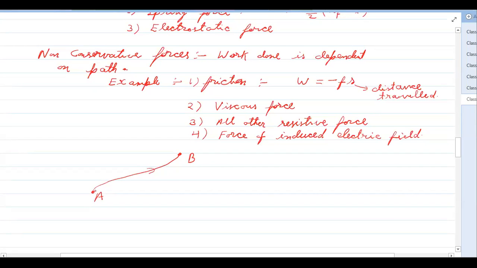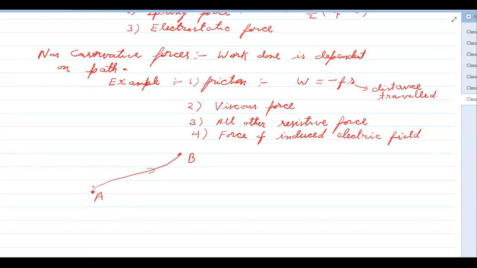What I'm saying is, we can define some quantity corresponding to A and to B, and by taking this difference we can find the work done. We can relate the work directly with those properties. That property is actually the potential energy.